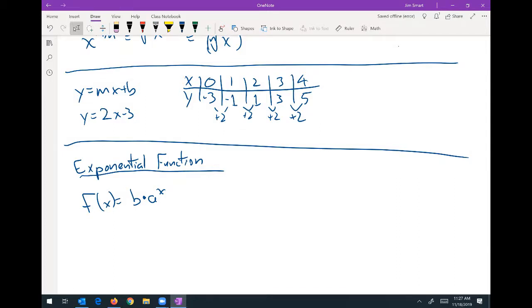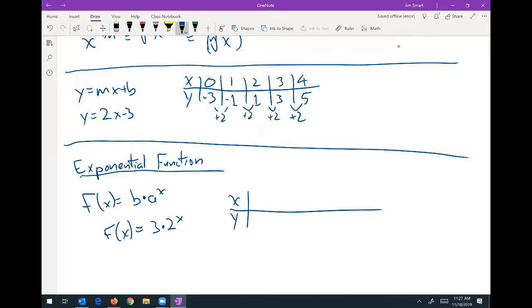So let's give a pretty simple one. Let's do f of x, and we're going to do a table of values for it. Let's do 3 times 2 to the power x. All right, so let's do an xy table for this.